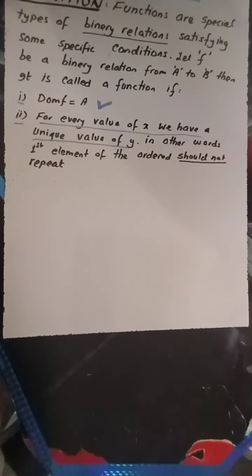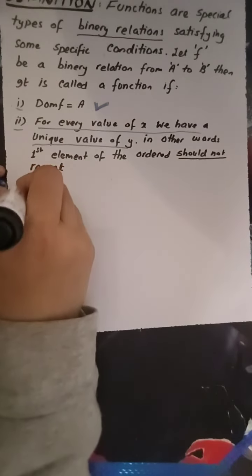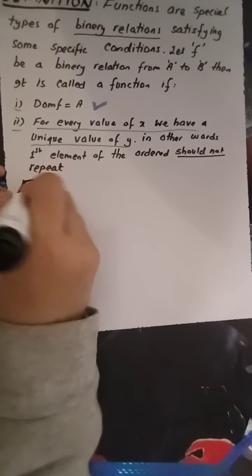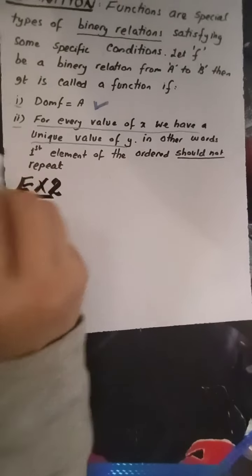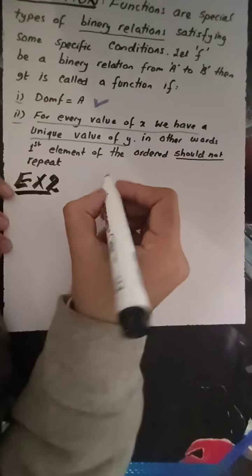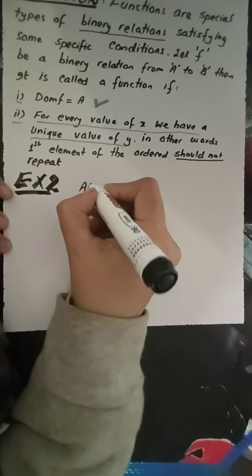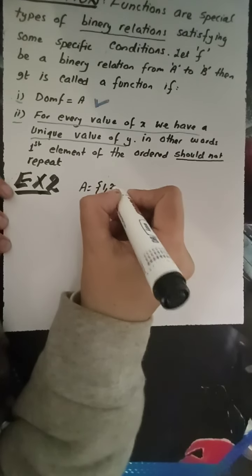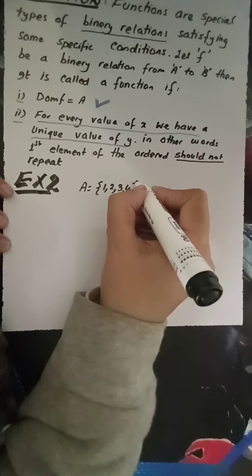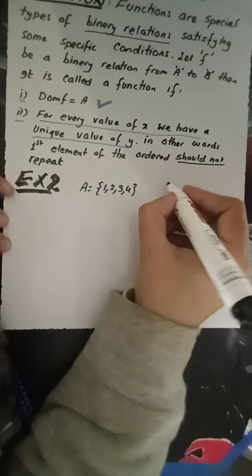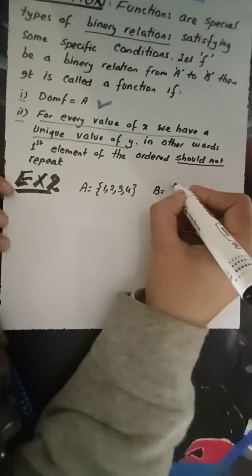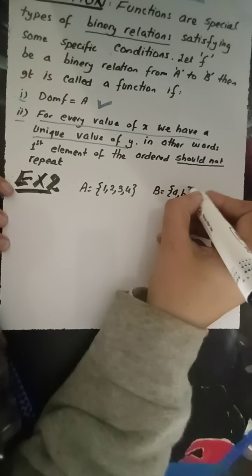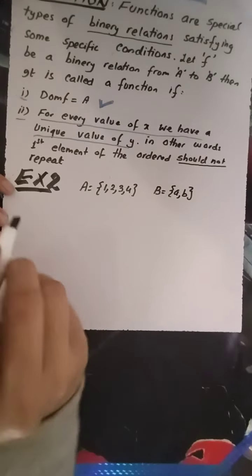For example, let us take A to be equal to {1, 2, 3, 4} and B to be equal to {a, b}.